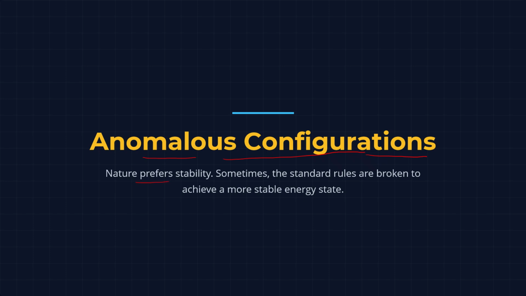Nature prefers stability, and sometimes the standard rules are broken to achieve more stable energy states. So anomalous configurations show that, due to the attainment of stability in certain cases, standard rules are sometimes broken, and in order to attain stable configurations, we show different configurations.